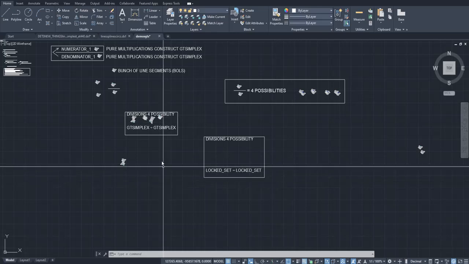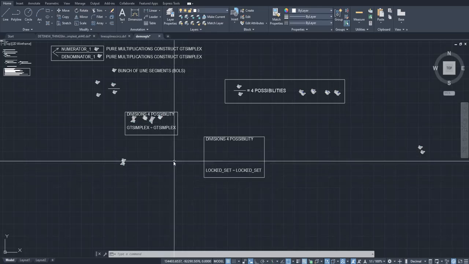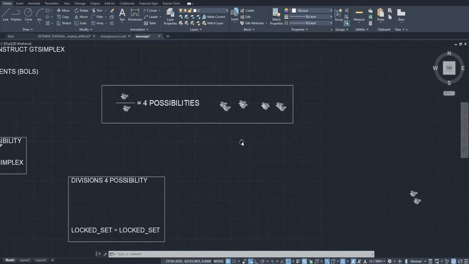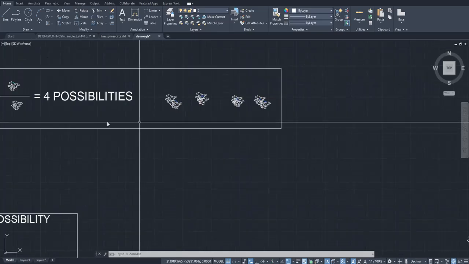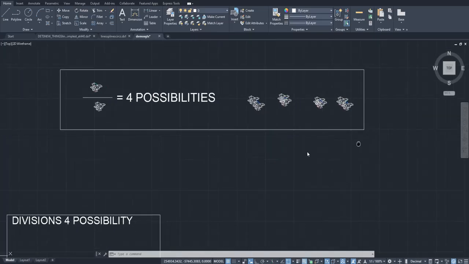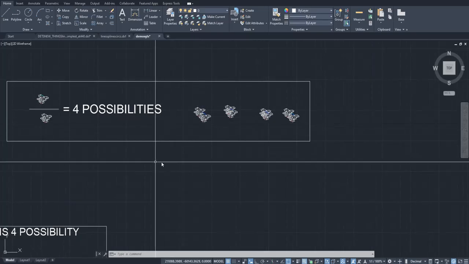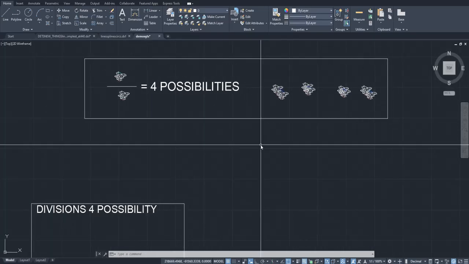We need to use non-ambiguous operators, such that there are 4 types of plus, 4 types of minus, 4 types of multiplication, 4 types of division, and the different kinds of operators give us different kinds of gluing, different kinds of arrangements of the triangles. You have seen already here that different kinds of geometries are constructed, different bunches of line segments are constructed, and for every operator there are 4 possibilities.